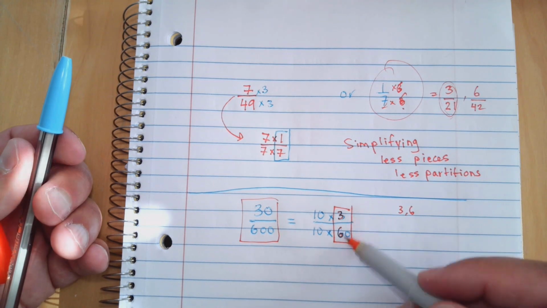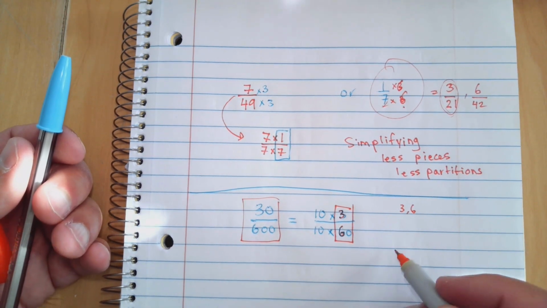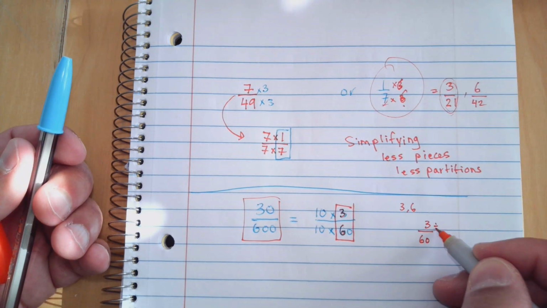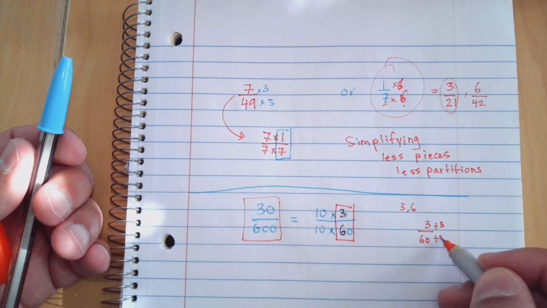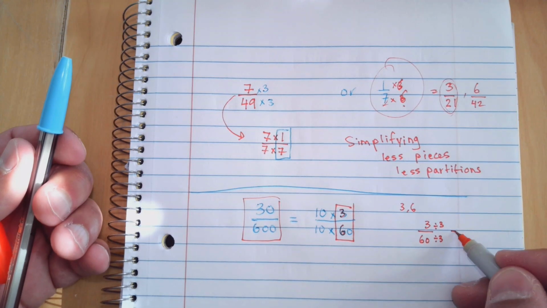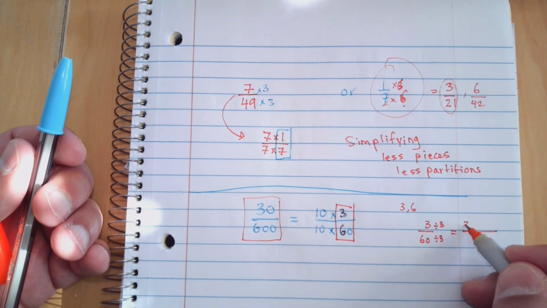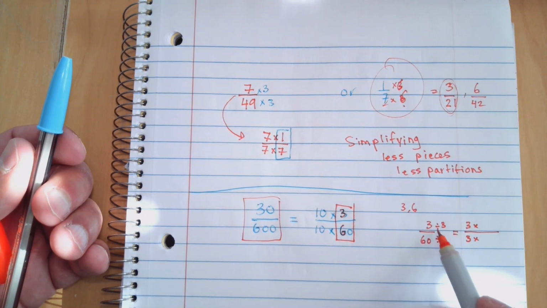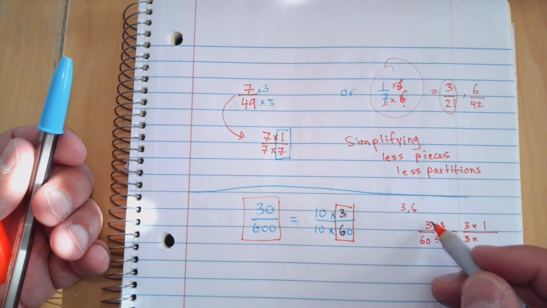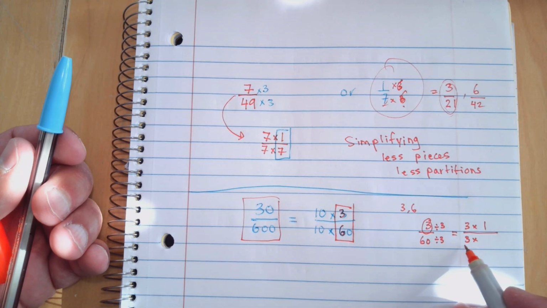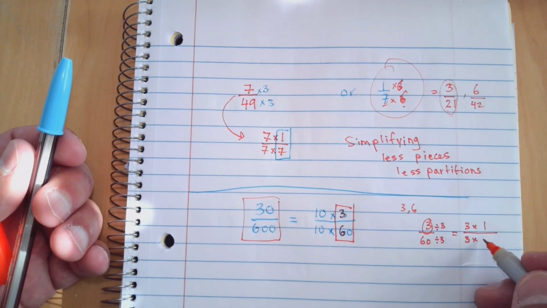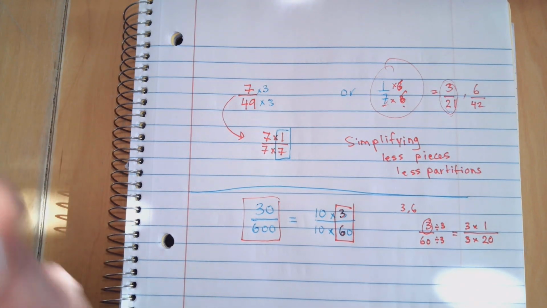So if we take 3/60th and break it into multiplication, like 3 times a number and 3 times a number, we'll see that 3 times 1 gives us 3, and 3 times 20 would give us 60.